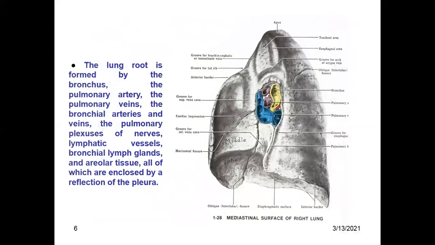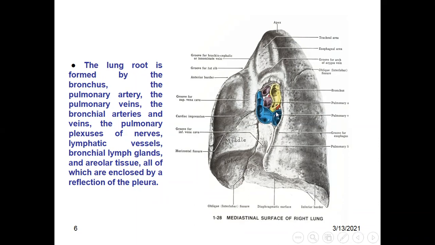This picture demonstrates the medial surface of the right lung. And as you can see, there are many features. The most important feature is the lung hilum, or the lung root.